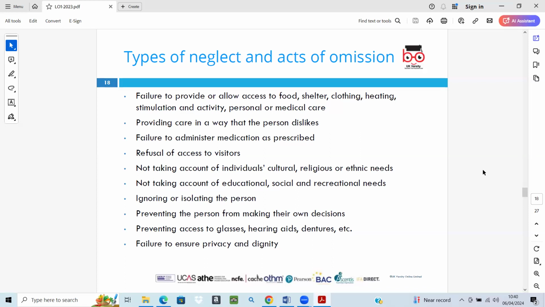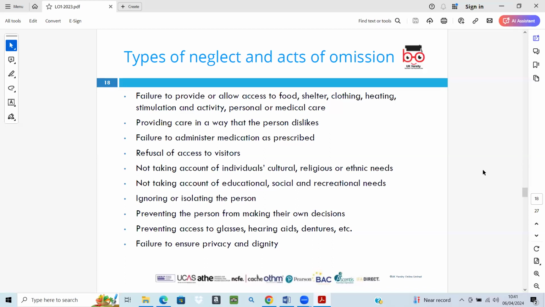Then we have the second bullet point: providing care in a way that the person dislikes, failure to administer medication as prescribed, refusal of access to visitors, and not taking account of individual cultural, religious, or ethnic needs.